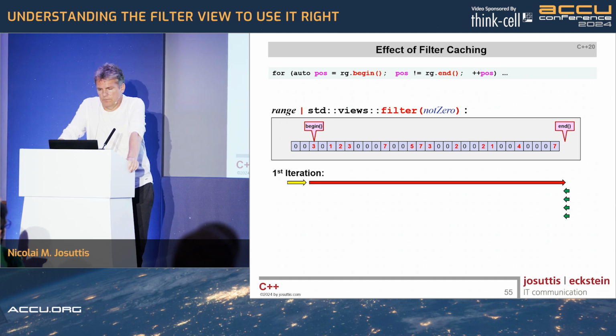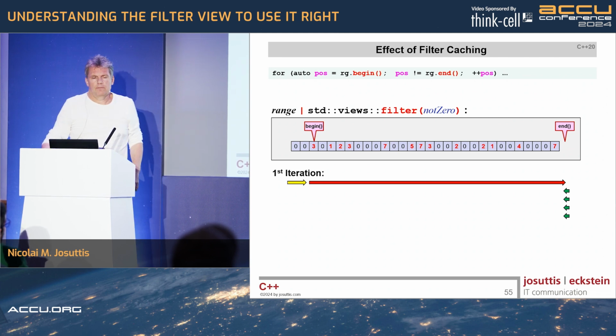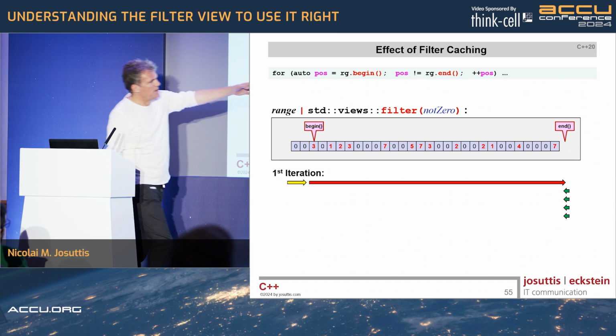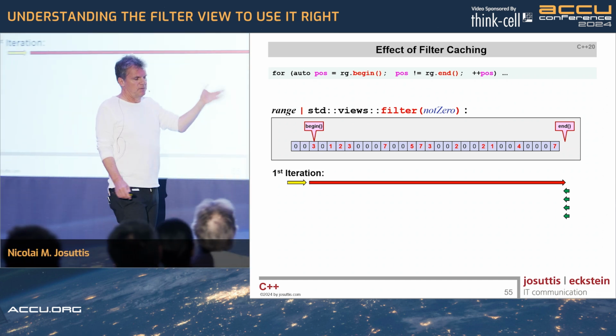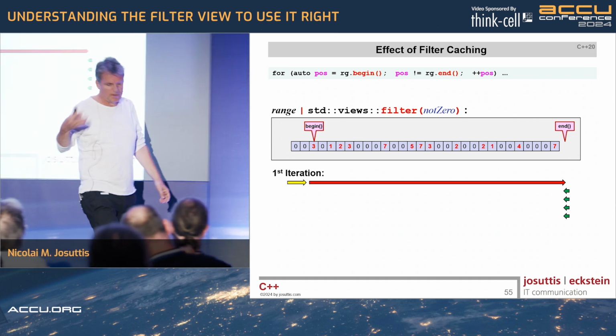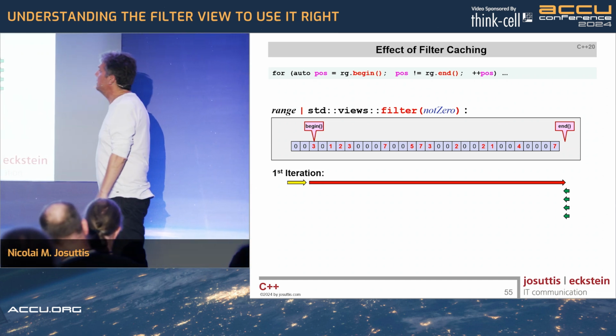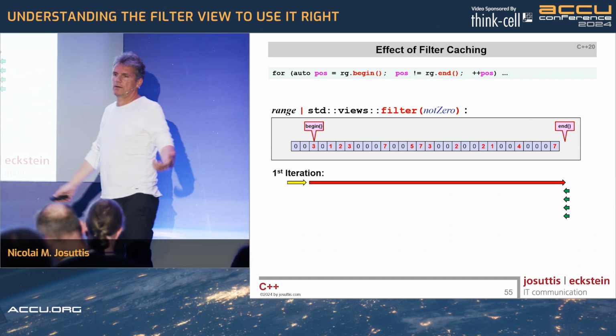While we iterate, we have to call end a couple of times, even to find the first element, to know that this is not beyond the end. But end is cheap. So green is cheap, yellow, red means we have to linearly visit each and every element, independent of whether these elements fit or not.